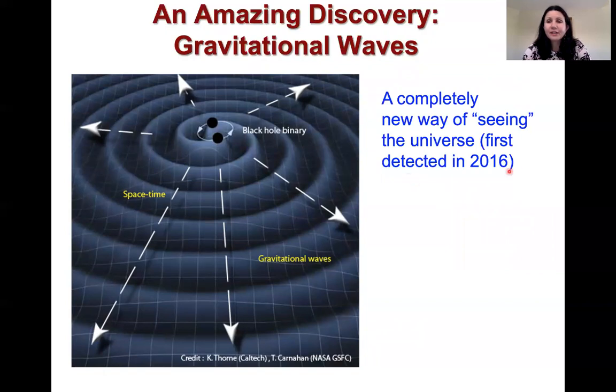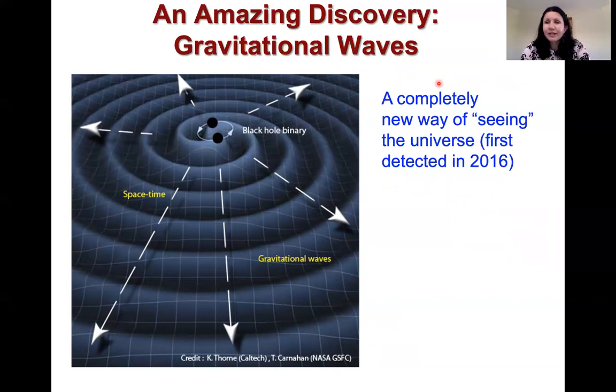So around 2016, I don't know if you remember, but this was sort of all over the news. There was this very huge discovery in the world of physics, and that discovery was gravitational waves. Although gravitational waves themselves were first predicted by Albert Einstein back in the 1920s, no one had been able to measure them.